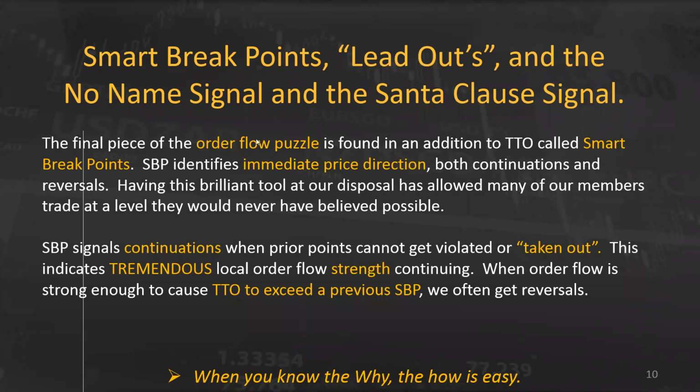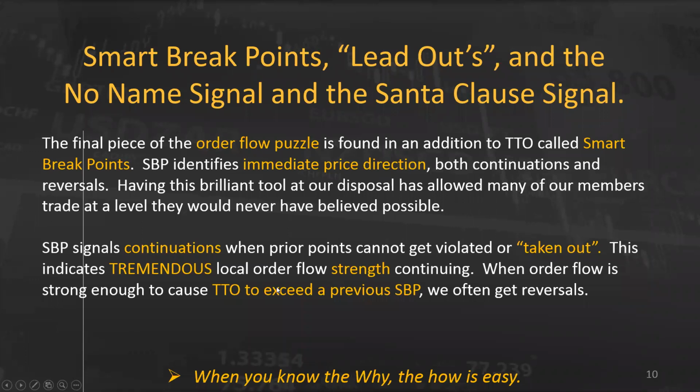But the final piece of the order flow puzzle is smart breakpoints. And again, it's easier to show you than tell you, but it identifies for us immediate price direction, both continuations and reversal. And I'll explain this on a chart. We're getting some brilliant continuations and then reversals when we can't get a smart breakpoint takeout.